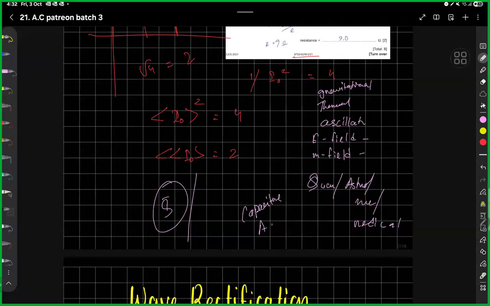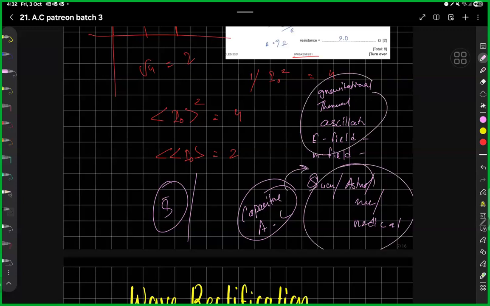Capacitance and AC I consider almost one chapter. I don't really see much of a difference between these. These often come attached, and this is somewhere in between these and these.